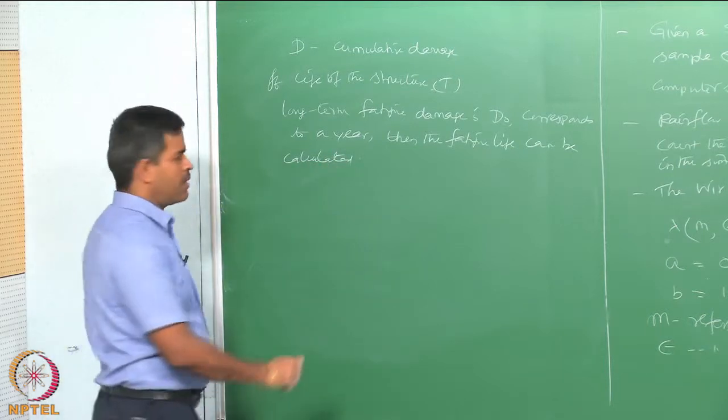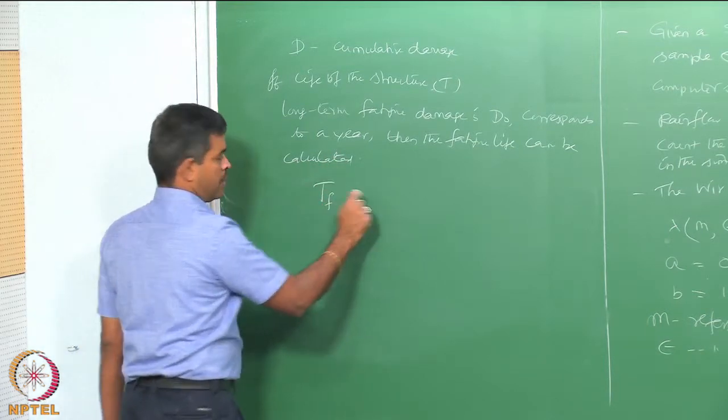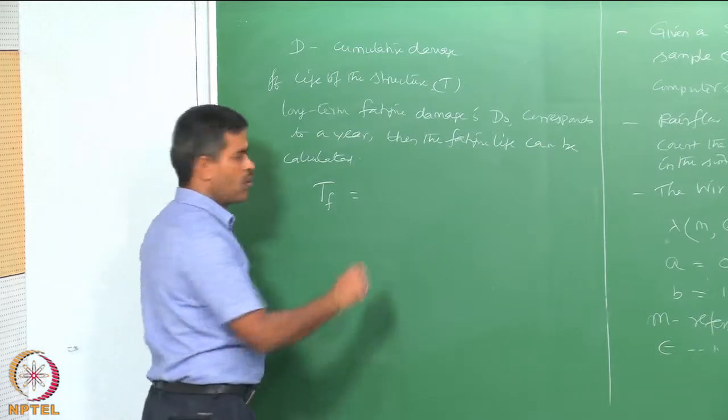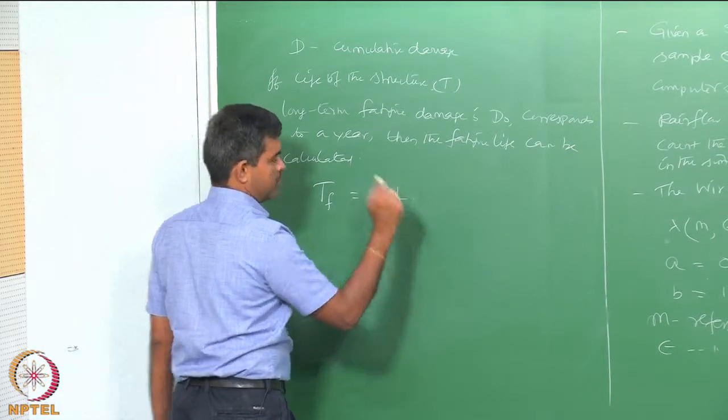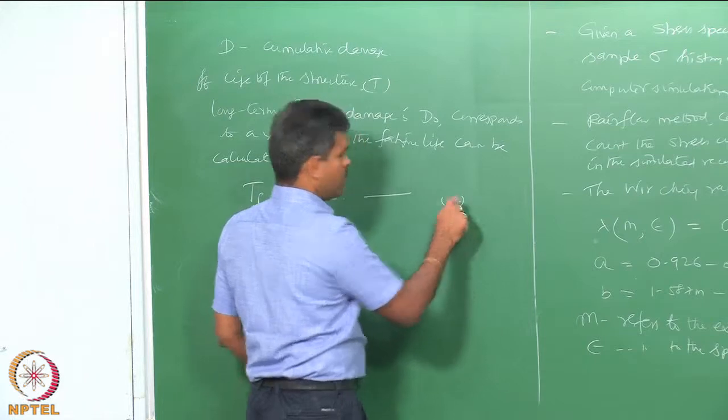The fatigue life is given by Tf equal to 1 by D0, equation number 4.